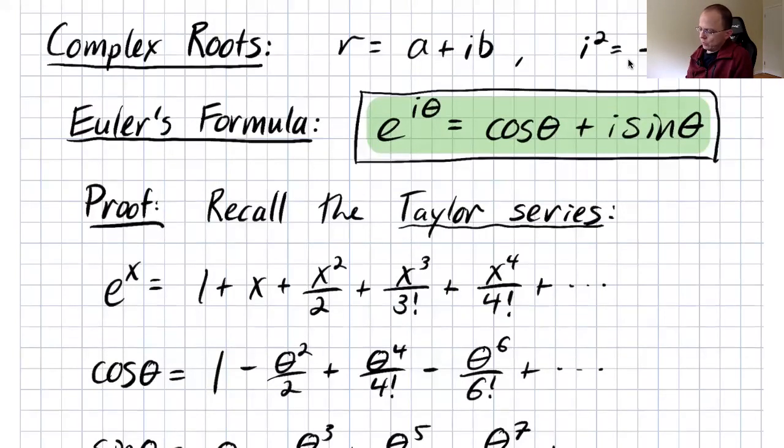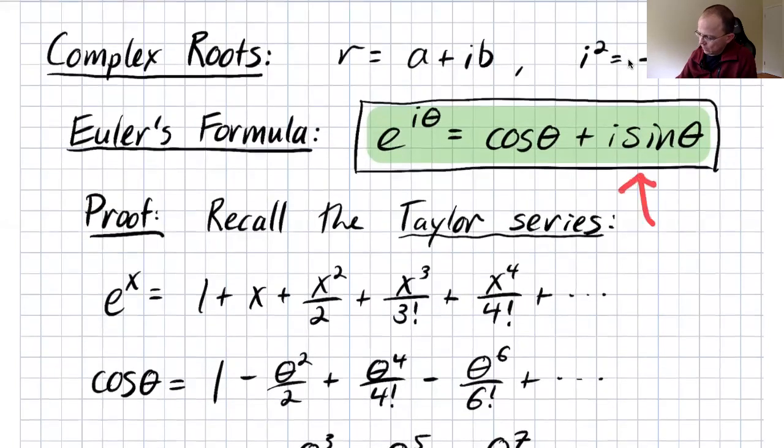How are we going to turn a complex root into a solution of this differential equation? It's based on this very famous formula, which says that if you take e and raise it to the power of i times theta, then that is a complex number. The real part of this complex number is cosine theta, and the imaginary part is going to be sine theta.